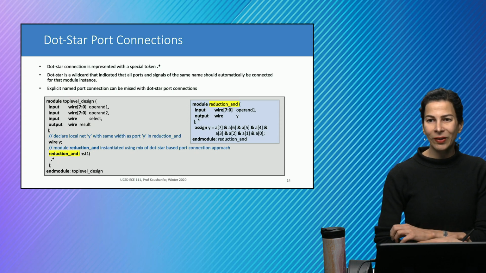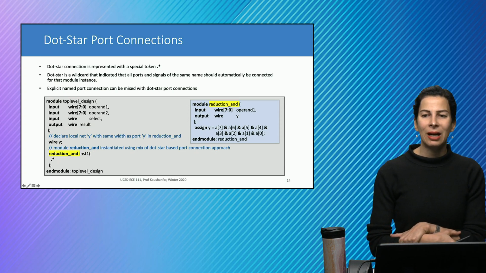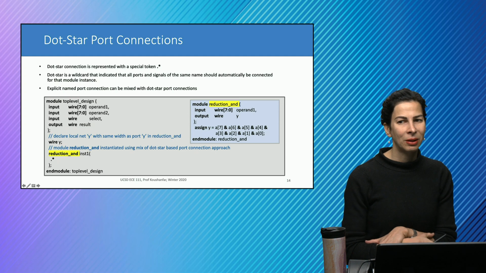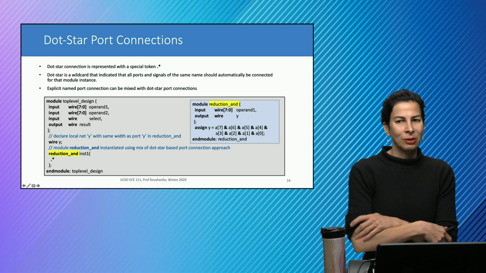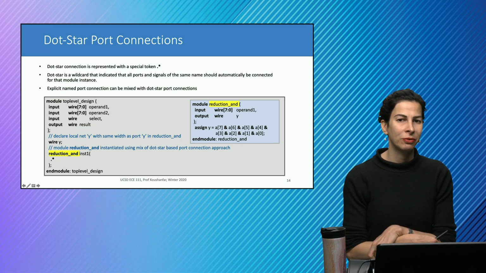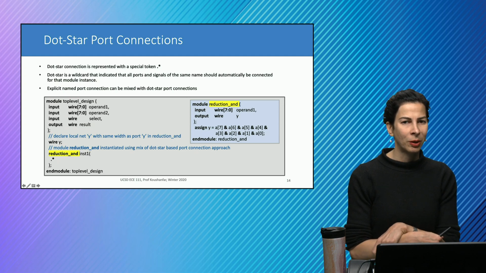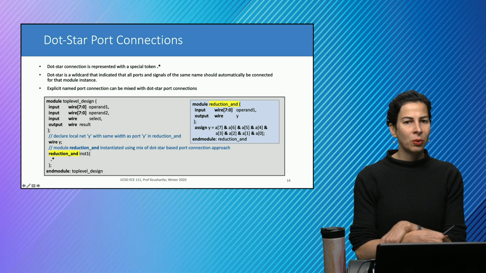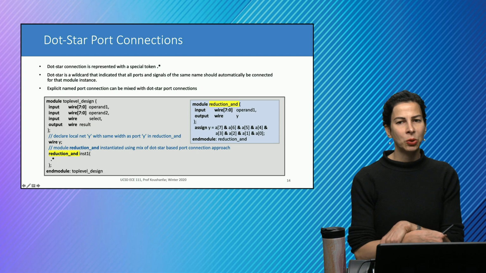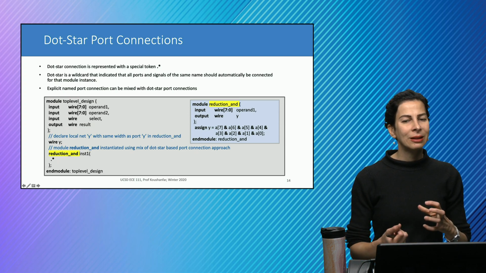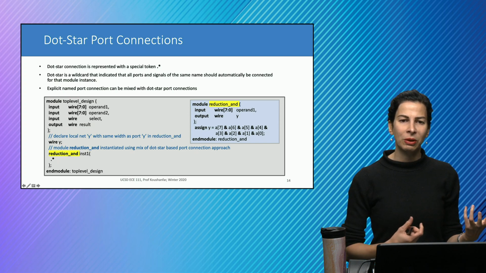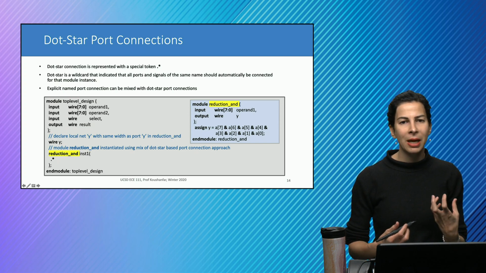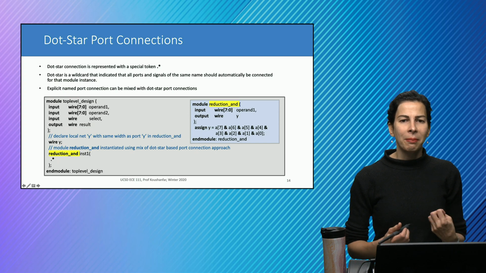There is another even easier way to do this, and that's a little bit something we don't recommend because it is sometimes prone to error, but a lot of experienced designers use this one: the .* connection. When you do a .* connection, it's going to assume the inputs and outputs of the module are exactly the same, and so it's implicit, exactly similar to the previous case where we had the same names assigned to the two of them.